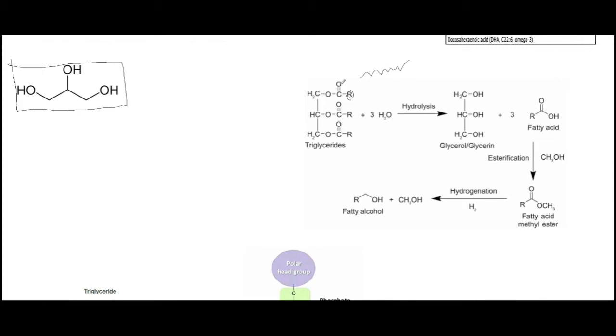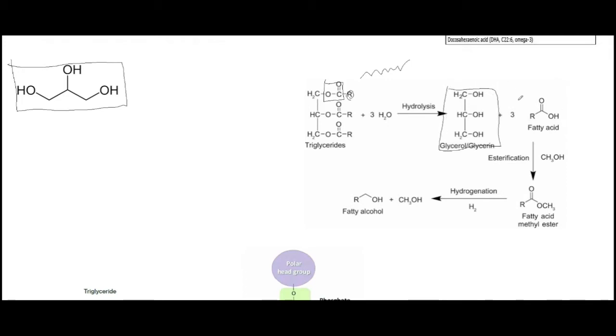And so we're just interested in this right here. And so what we can actually see here is if we have our glycerol here, and we're interested in this over here.